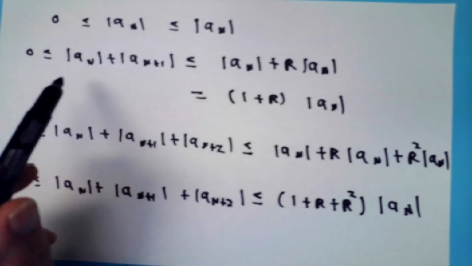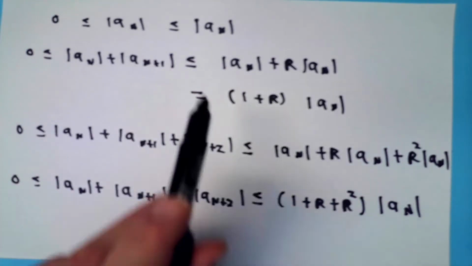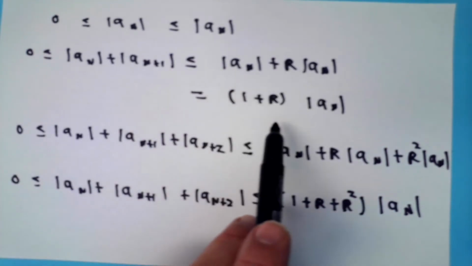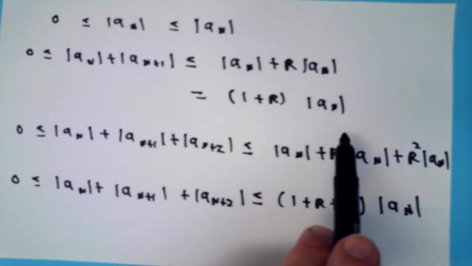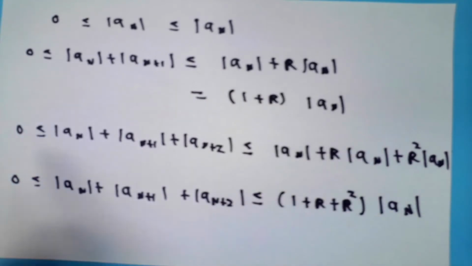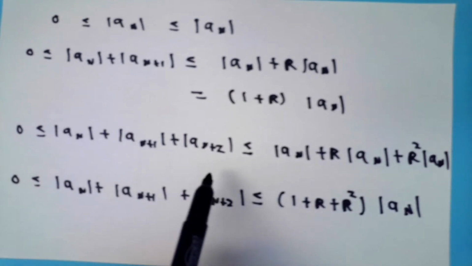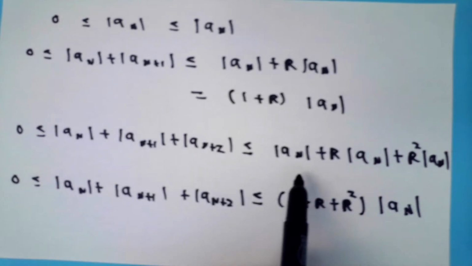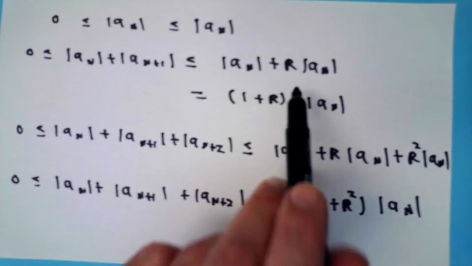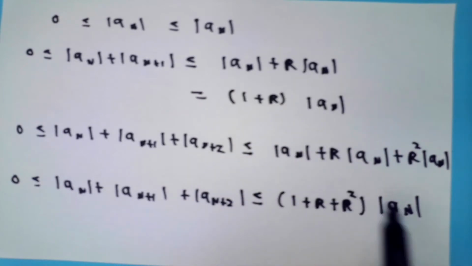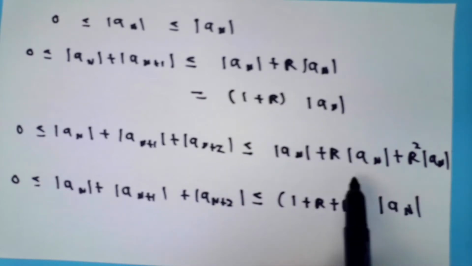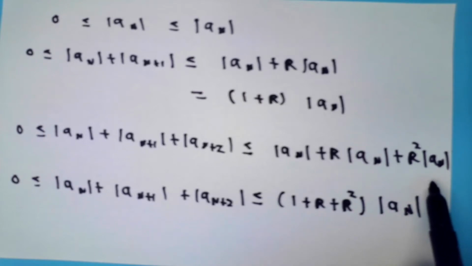So the second partial sum is less than or equal to 1 plus R times a constant. The sum of the first 3 terms is less than absolute A_N plus R absolute A_N plus R times this term, which would be R squared absolute A_N.